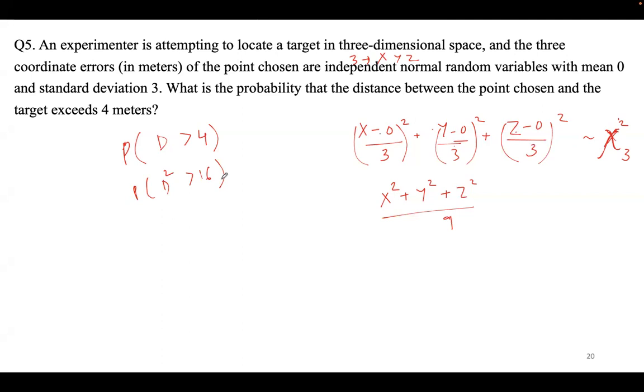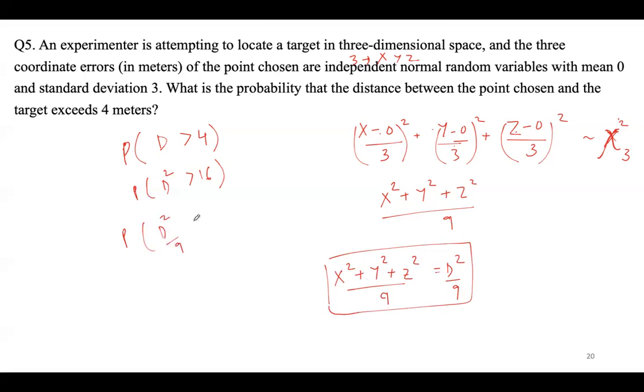I'm taking the square of both sides. Euclidean distance is the sum of the squares of the three coordinates, which gives you the square of the distance. So I can also divide the whole thing by 9. Do you see this thing coming up here? Now I'm going to divide both sides by 9 as well.